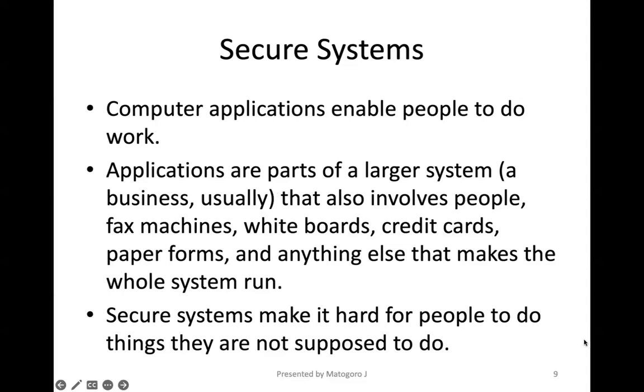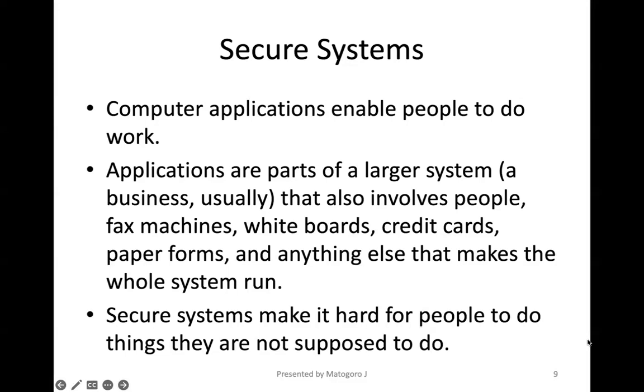Maybe I should also say that secure systems make it hard for people to do things they are not supposed to do. Imagine an application like the student results system, where most of you are eagerly waiting to receive your first semester results. If not secure, you could find a student rewarding him or herself some results on a course that she or he has attended.